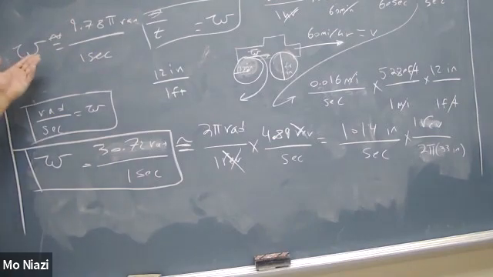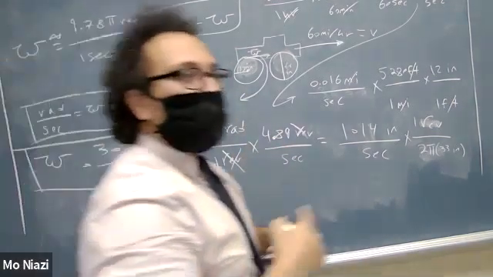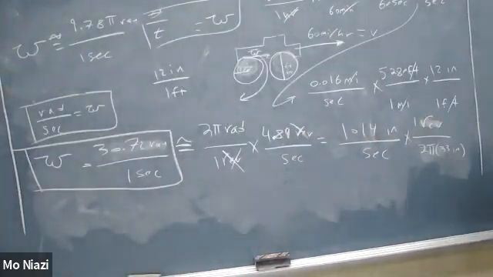Let's think about what that means here. That's almost 10 pi radians per second. That means the wheel rotates how many times almost per second? Assume that value is like 10 pi. It's almost 10 pi, right? So how many times does it rotate per second if it's rotating 10 pi radians in 1 second?